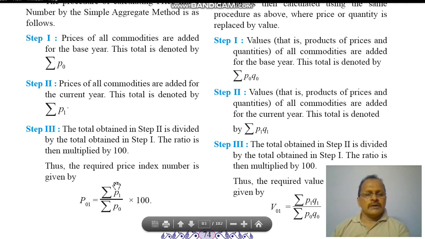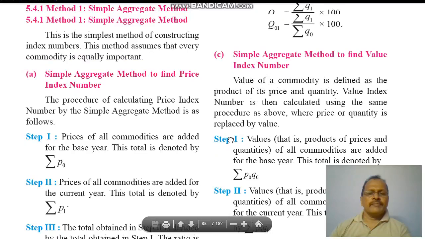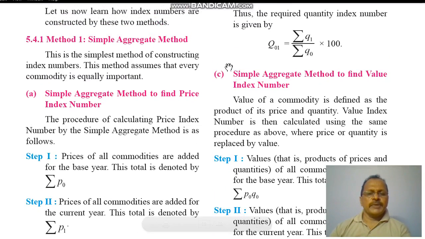Similarly, the quantity index number by the simple aggregate method, Q01 is equal to summation Q1 upon summation Q0 multiplied by 100, where summation Q1 is the addition of all quantities of the current year and summation Q0 is the addition of all quantities of the base year.